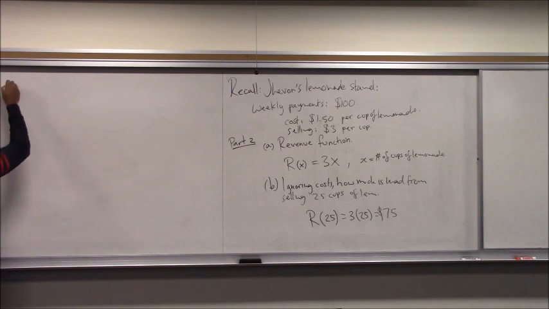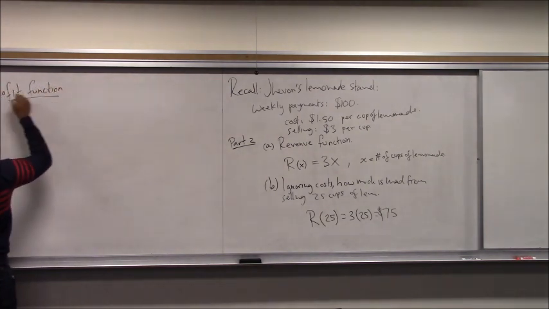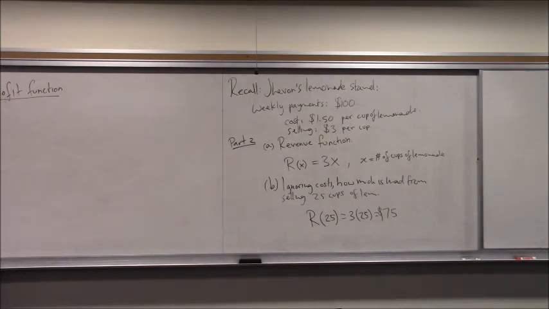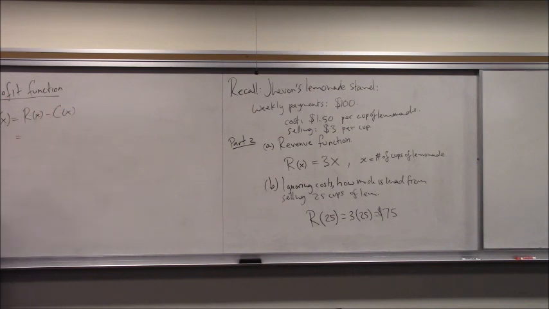What's the profit function? Revenue minus the cost. Profit is revenue minus cost. What would that look like here? That'll be 75 minus 150x. What is R of x? What's your revenue function?